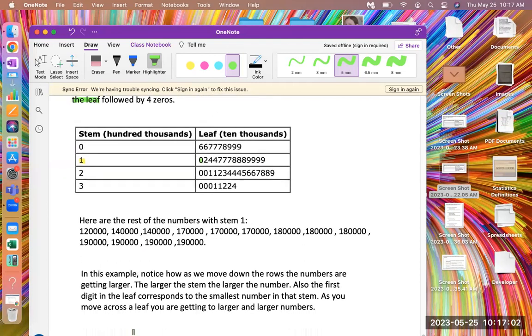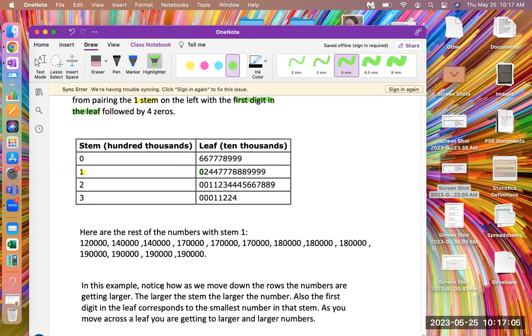Something I did want you to recognize is that, well, in this example, I haven't seen all stem leaf plots, but in most stem leaf plots, it's like this. Notice how as you're moving down from the 0 stem numbers to the numbers that have a stem of 1, they are larger than the numbers that have a stem of 0, because they had no 100,000s, they had just 10,000s.